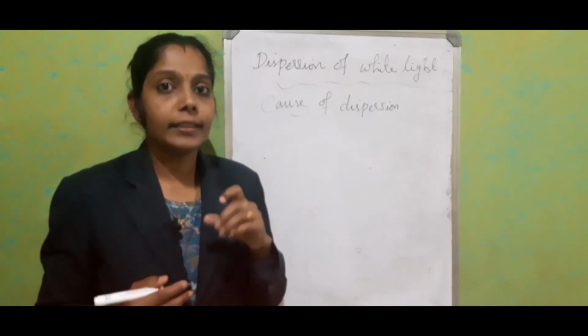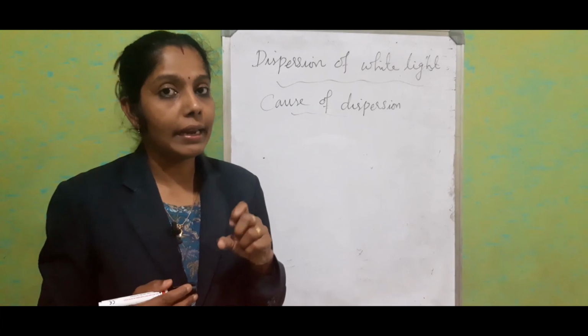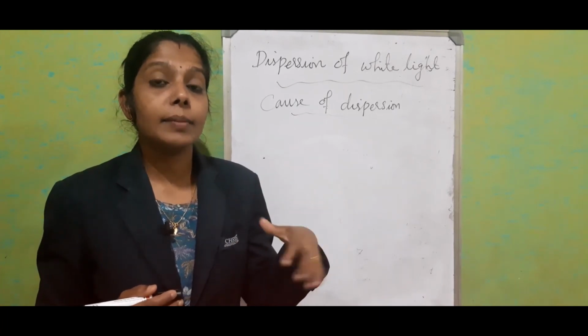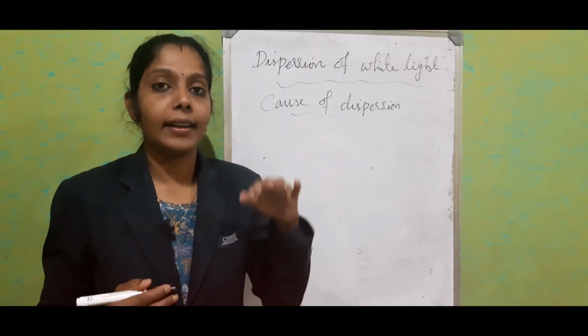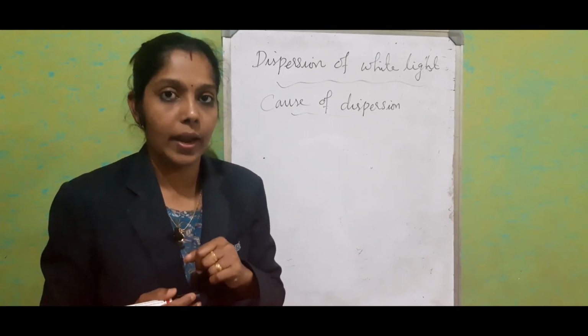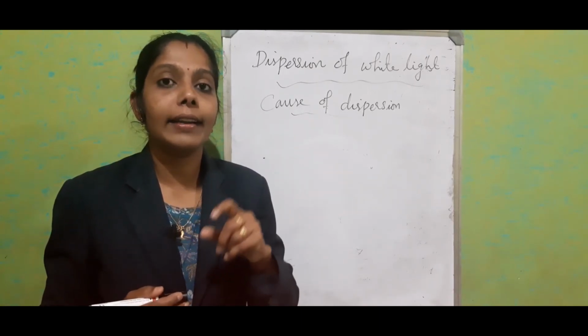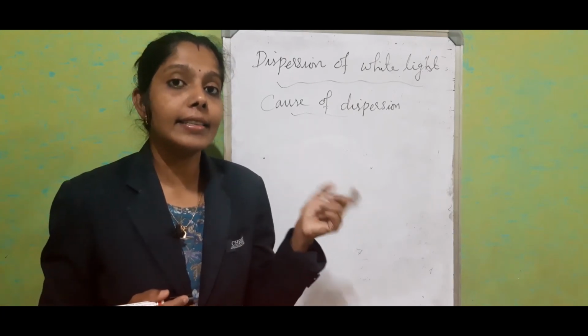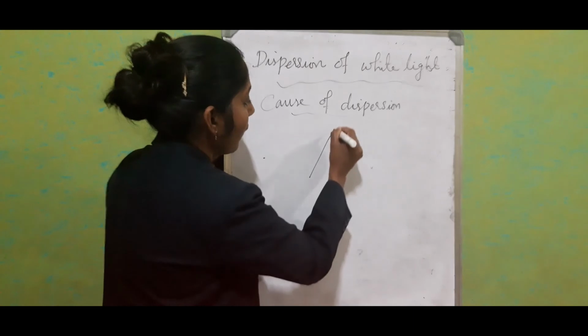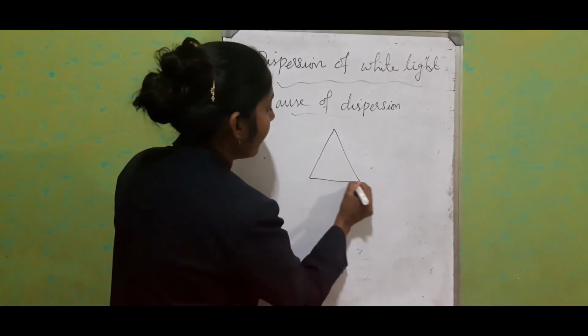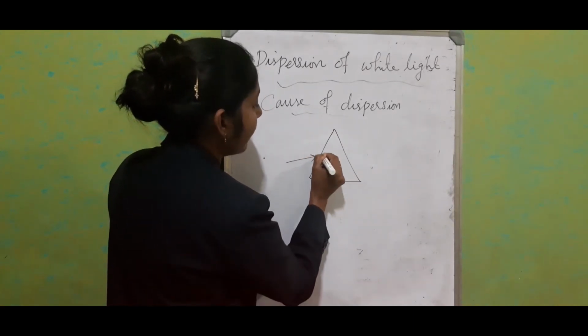So if we compare the speed of red and violet in glass, red is moving faster and the speed of violet, comparatively with red, is the least. So the speed of violet is least and red has maximum speed. So that is the reason, this is the way light enters.